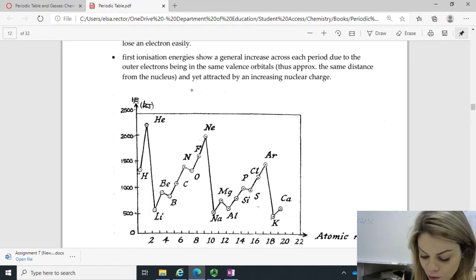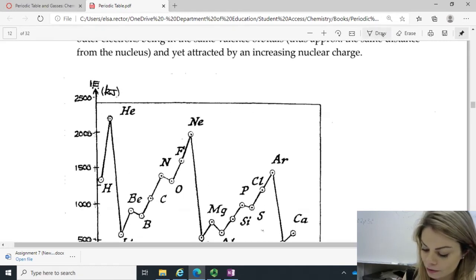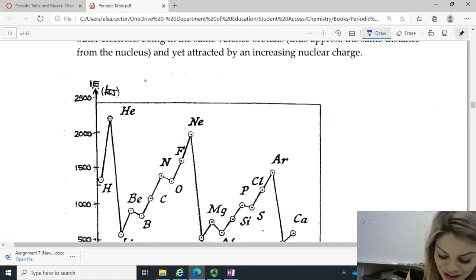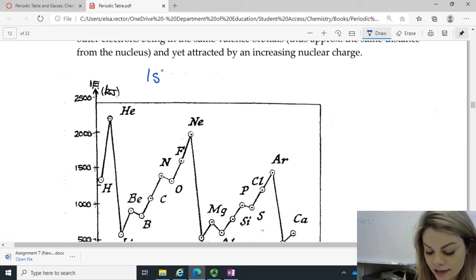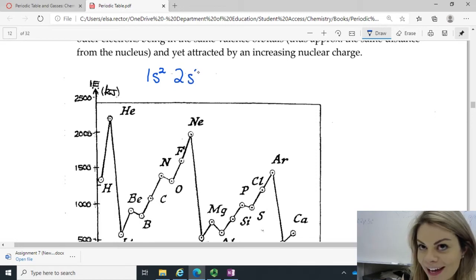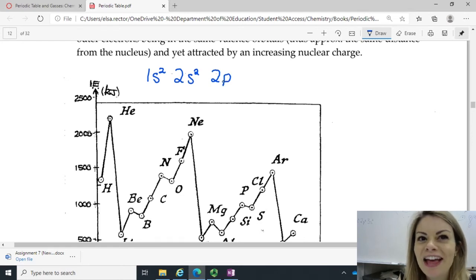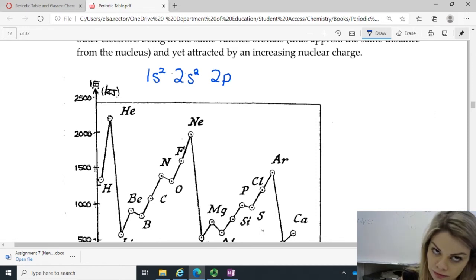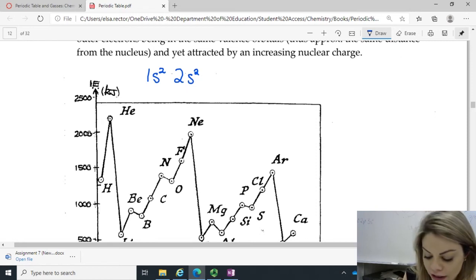So it's going to be 1s2 for the first shell, and then we're going to have, no spoilers, 2s2, 2p. Where's boron and beryllium? Okay, so that's beryllium, which has 4 electrons.